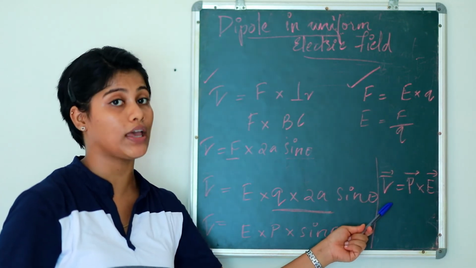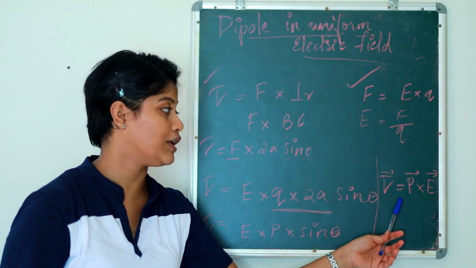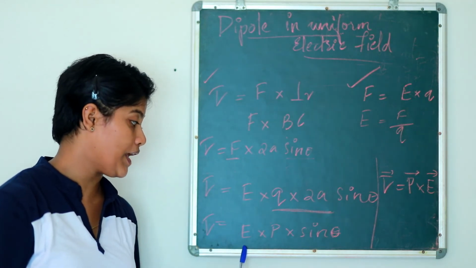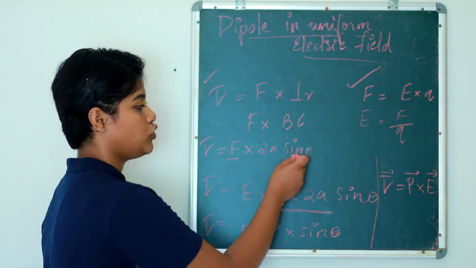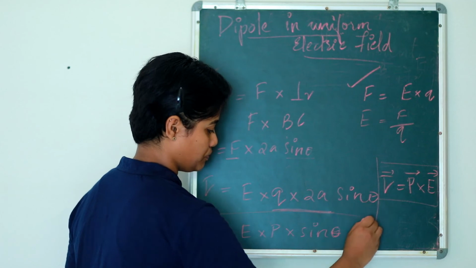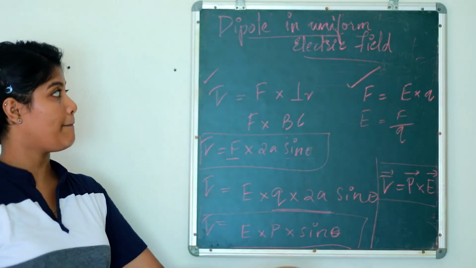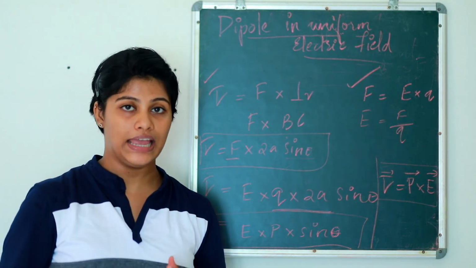So the torque on a dipole placed in an electric field is tau equal to P cross E, or tau equal to P into E into sine theta, or another form, F into 2a. Any of these formulas can be useful. So this is what happens when a dipole is placed in a uniform electric field.